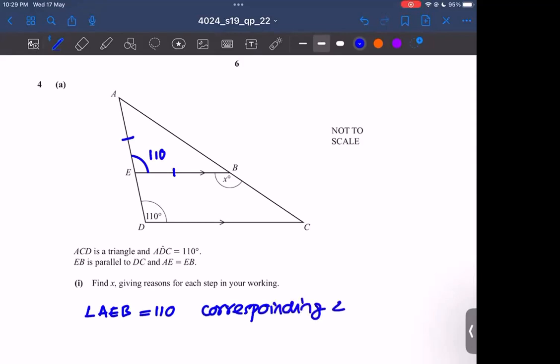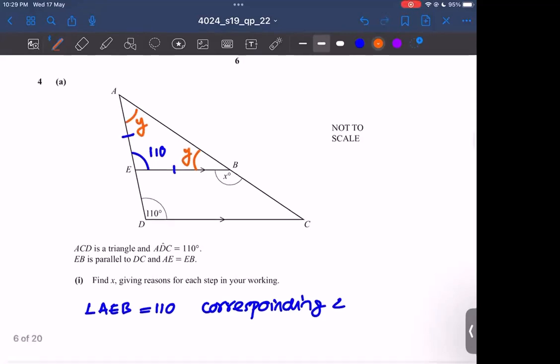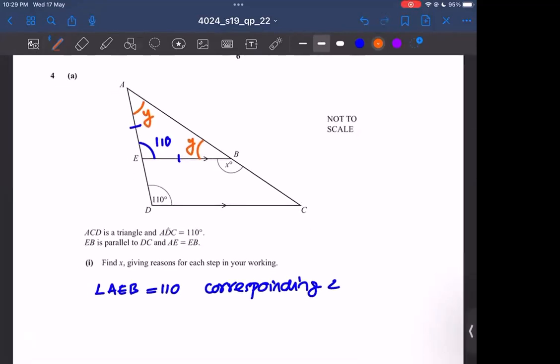Now, if this is 110, these two angles, whatever they are, are going to be equal. Let's say these are y angles. So if I want to find the angle ABE, the angle at B, which is y, it is going to be 180 minus 110 divided by 2.